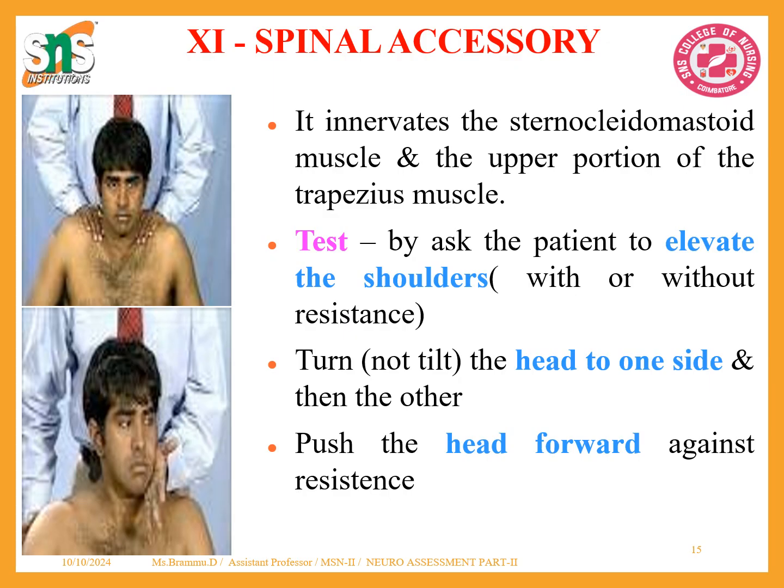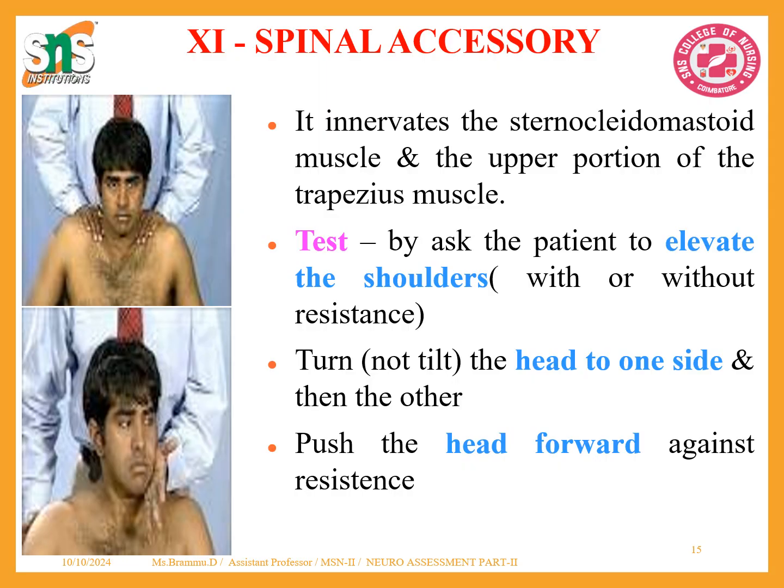To assess the spinal accessory nerve, we will be giving resistance against the shoulders. First without resistance, then with resistance, we assess how the patient is able to elevate both sides, as well as giving resistance to the cheek and having the patient turn the neck towards the resistance side.